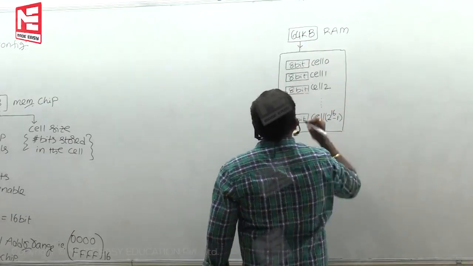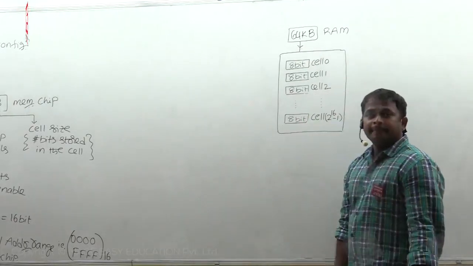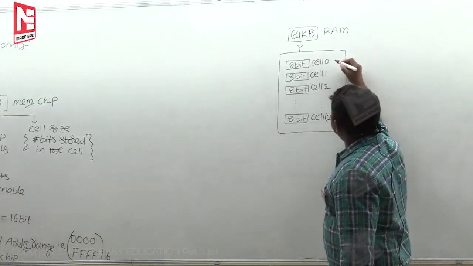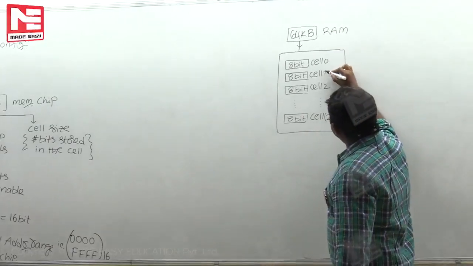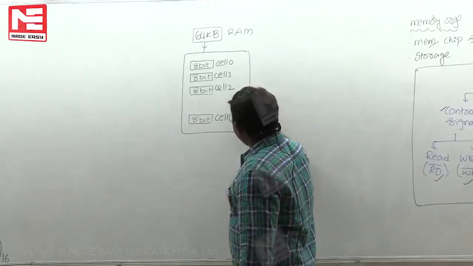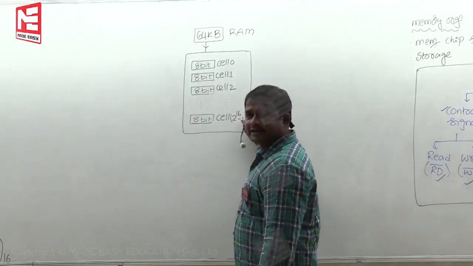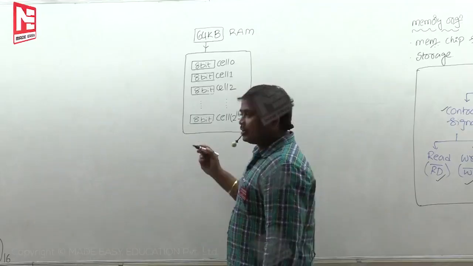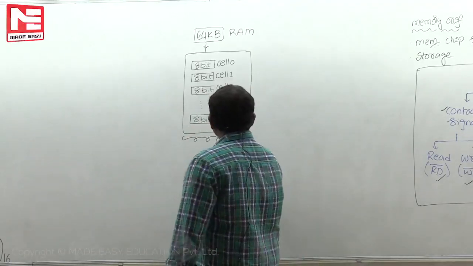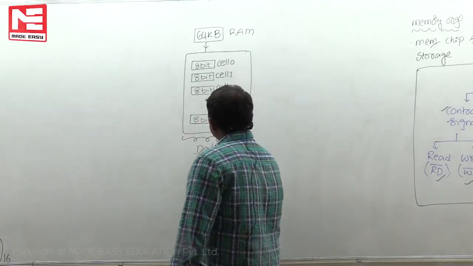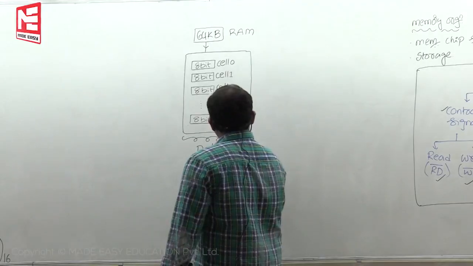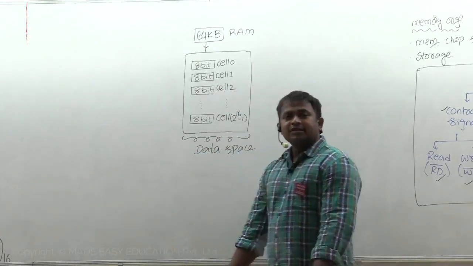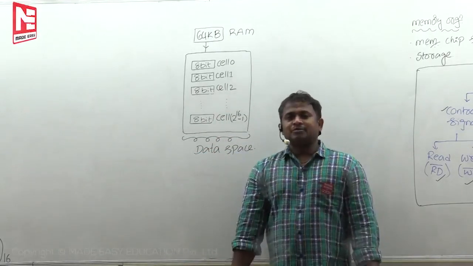Right, this is the 64 KB RAM. 64 kilo cells are there: cell 0, cell 1, cell 2 and so on, up to cell 2 power 16 minus 1. In each cell, 8-bit storage space is present. So this total information is the data space. So 64 KB is the data space only.